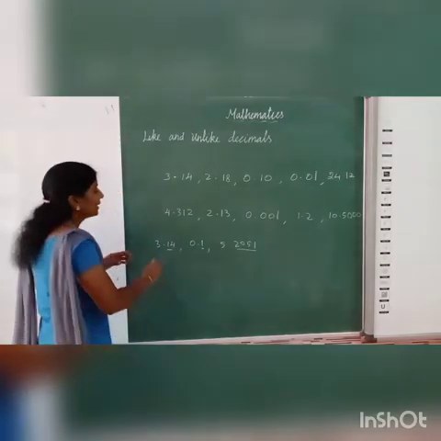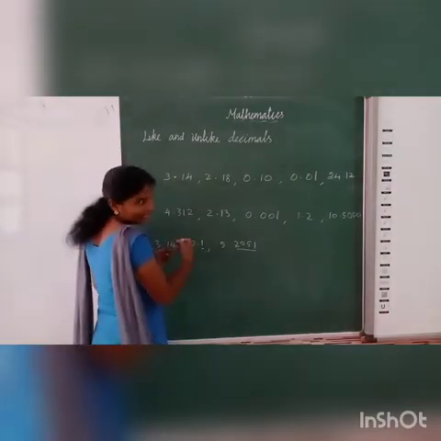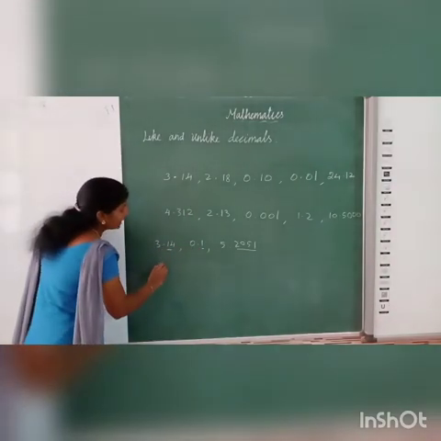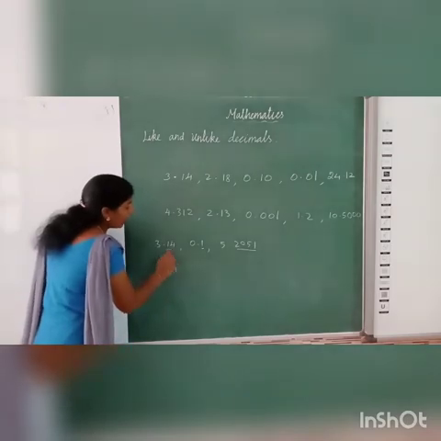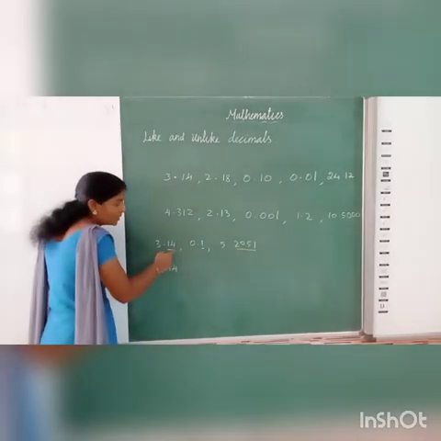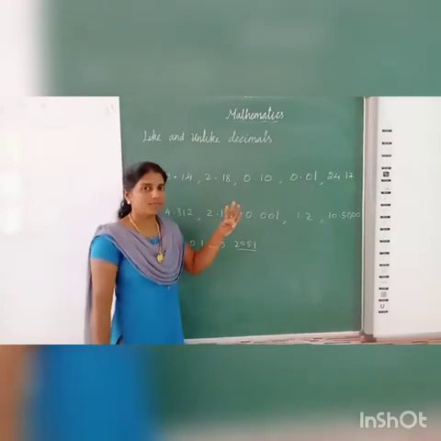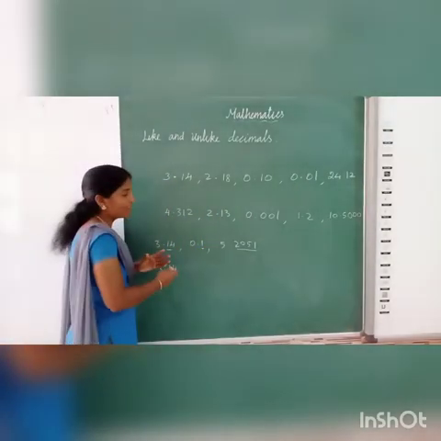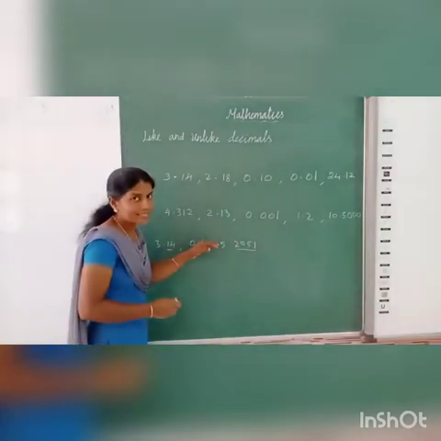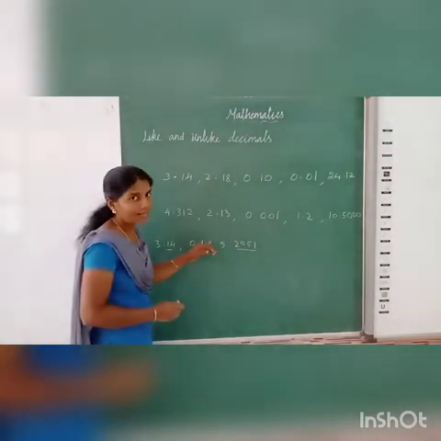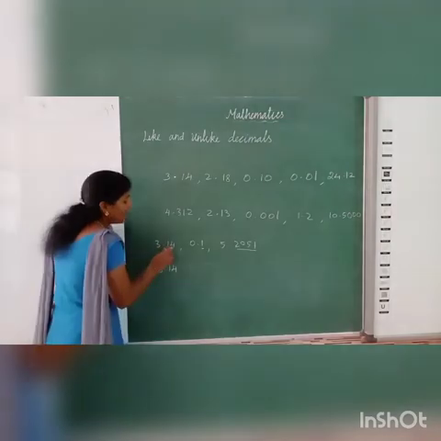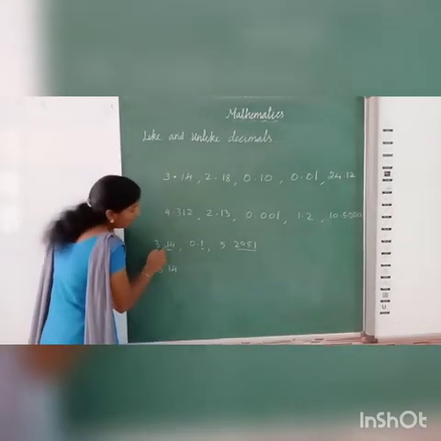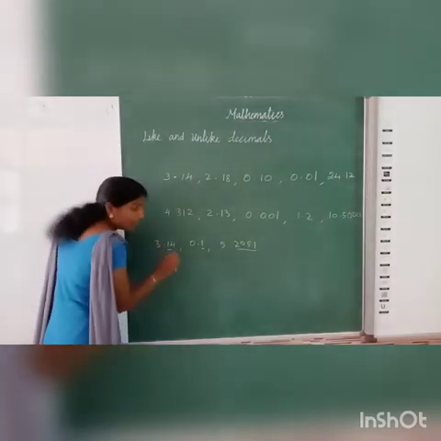So we can add 0. Okay. Now here 3.14. After the point we have 2 digits. We need 4 digits. To convert all numbers into like decimals we need 4 digits after the decimal point, isn't it? Now we can add 0. 1, 4. After that we need 2 more digits.